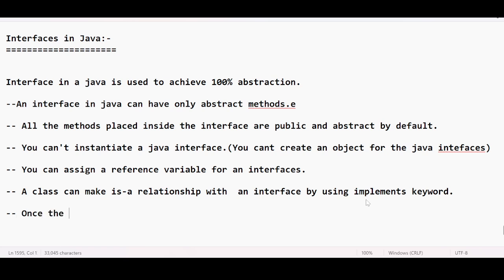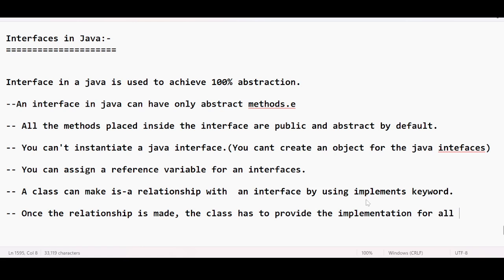Once the relationship is made, the class has to provide the implementation for all the abstract methods that are inside the interface. That is what we have done so far.